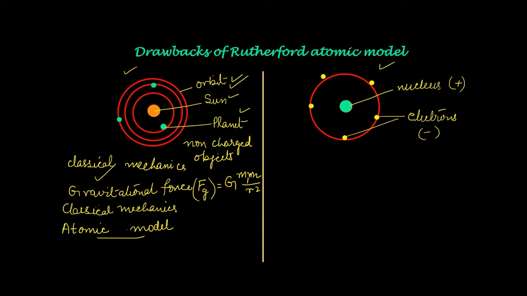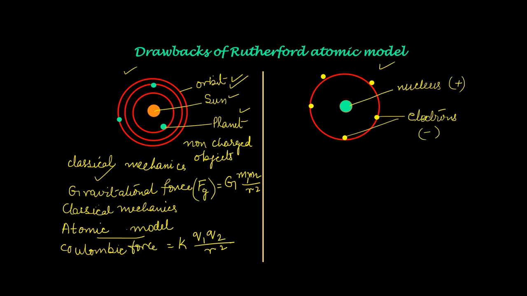Just as there is gravitational force between the planets and the sun, in the case of atomic structure there is also a force, the Coulombic force, because the nucleus and the electrons are charged, given by the formula K Q1 Q2 by r square. Q1 and Q2 are the interacting charges, that is the nucleus and the electrons, and r is the distance between the nucleus and the electron.